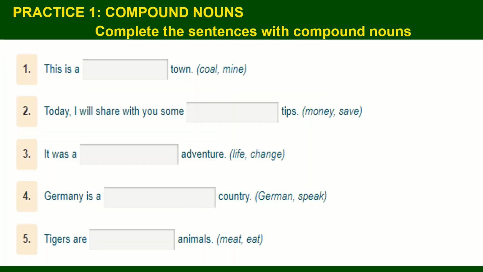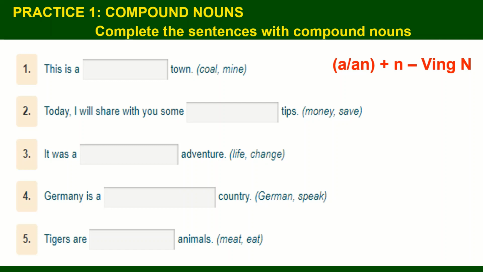Practice 1. Compound nouns. Complete the sentences with compound nouns. First, let's look at the form of compound nouns again. Here: a/an, noun, verb-ing, and main noun.